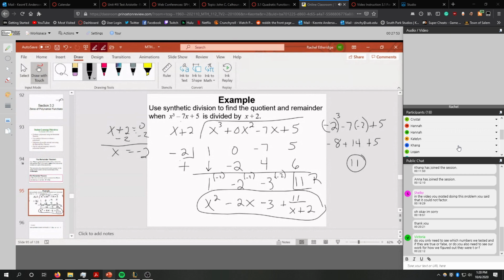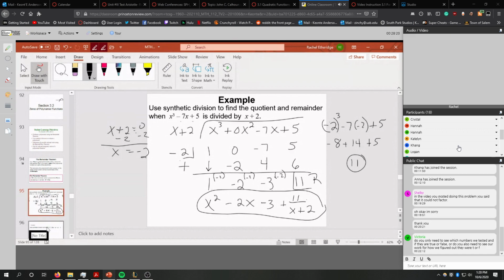But to me, using synthetic division to get that answer, that's a whole lot harder than just plugging in the -2 and getting the 11. But that 11 does have a specific use. That 11 is what you would get if you actually plugged -2 back in. That's what the remainder theorem tells us.